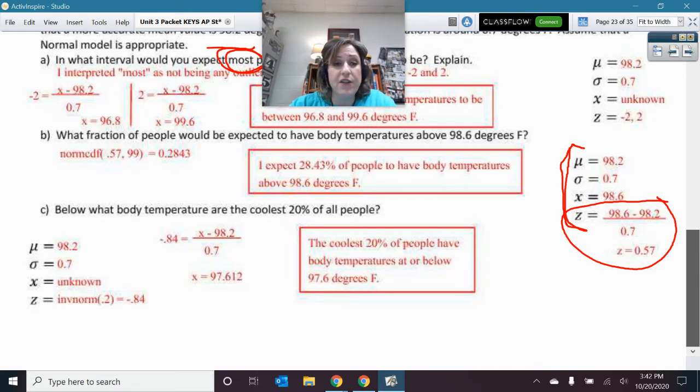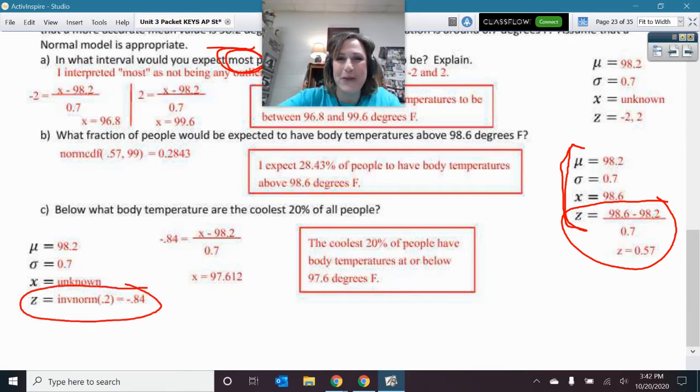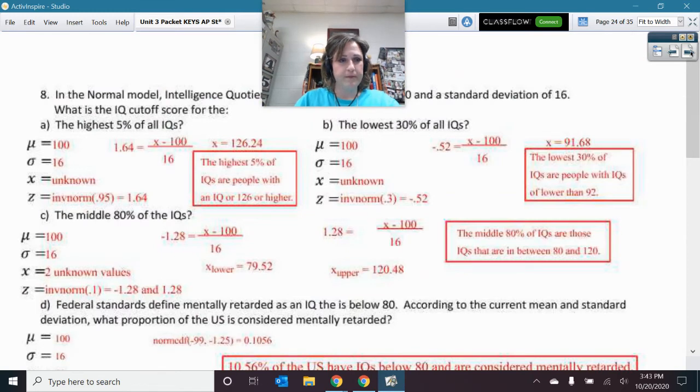Okay. And then the coolest 20%, the coolest, not the coolest cats, but all you cool cats and kittens. So inverse norm of 0.2, -0.84. So then that's the z-score I used and your answer. All right, moving on.